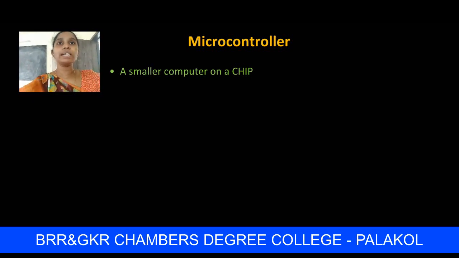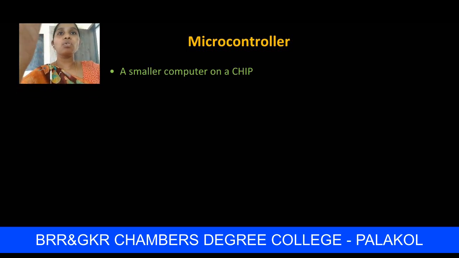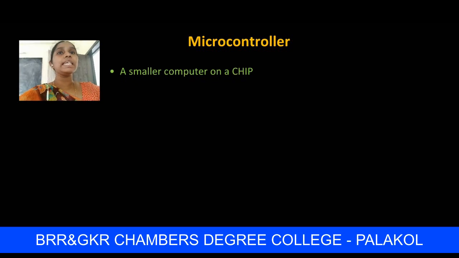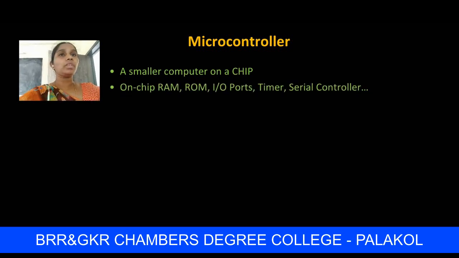All the devices are connected internally to the microcontroller. That means RAM, ROM, IO ports are all in a single chip. So that means on-chip RAM, ROM, IO ports, timers, serial controllers.